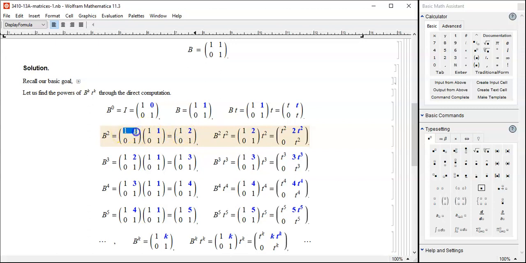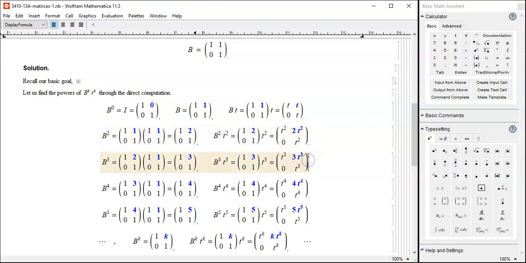First row, second column: 1 times 1 plus 1 times 1, we get 2. So times t squared, we get this matrix. That's B squared t squared, and we're going to divide by 2 factorial later on.